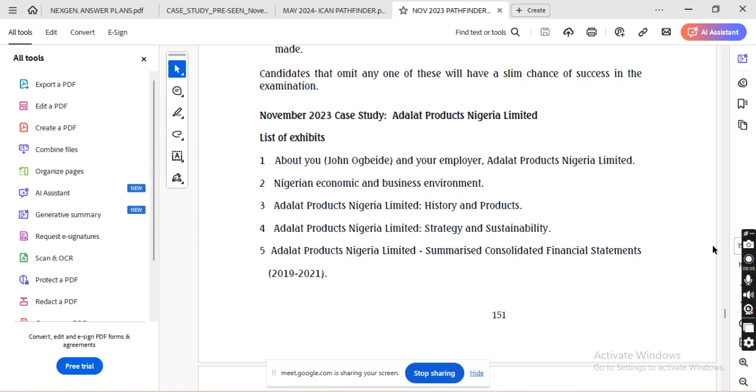That is what I was expecting last diet, because the CBN recapitalization policy has actually affected banks. Now, there is the tax of 2024.